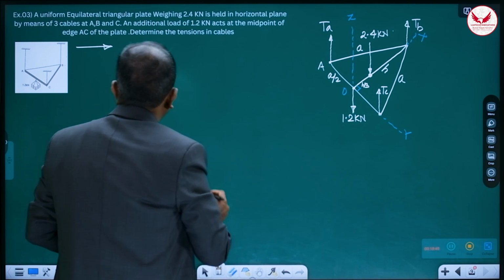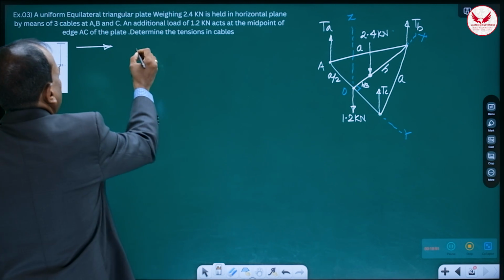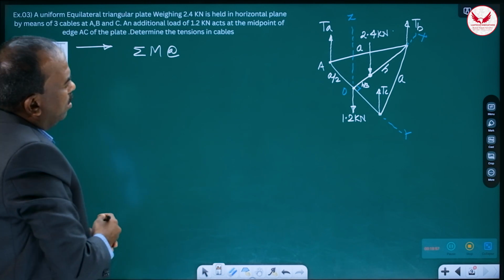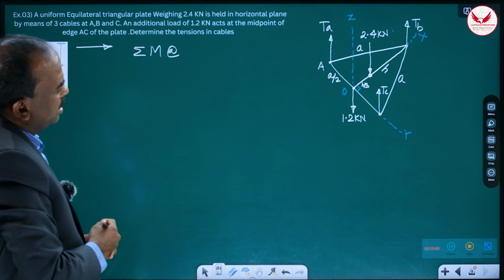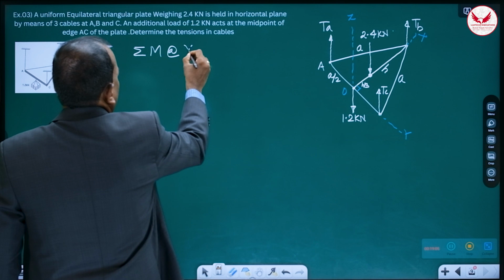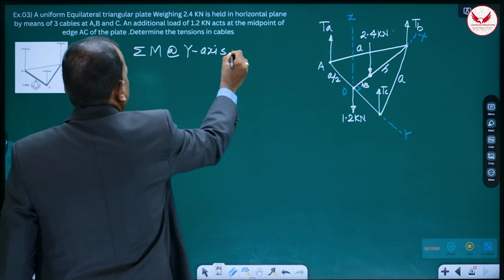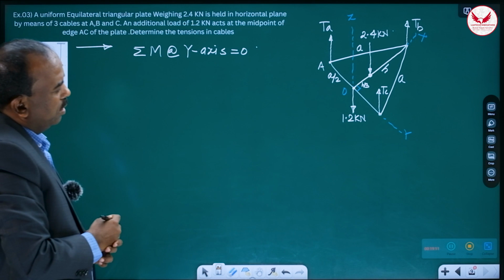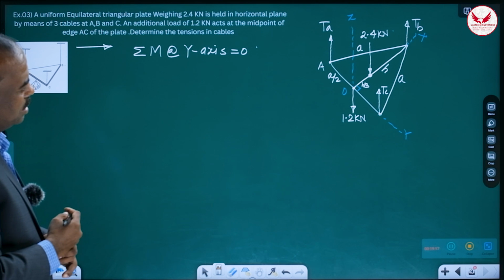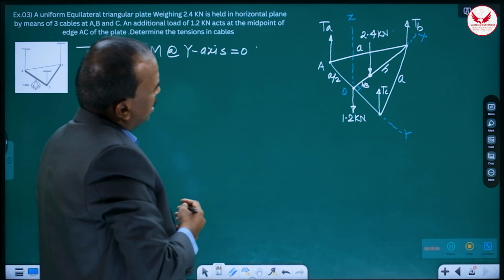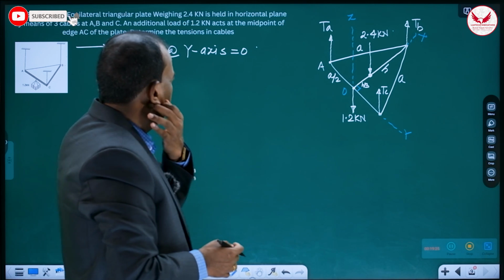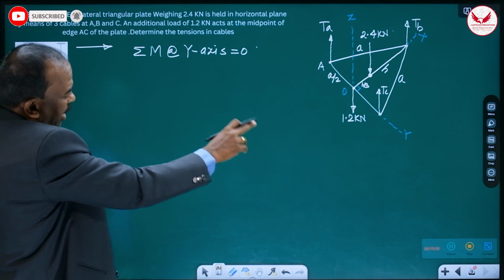Once we draw the free body diagram, after that, what do we have to do? Use summation M about. Now here unknowns are what? TA, TB, TC. Means on y-axis two unknowns are there. So what I'll do? About y-axis, summation M is equal to 0. While taking the distances, how can we take the distance? For taking the moment, either h is required or h by 3. So how will the moment be? Moment of TA and TC is 0.